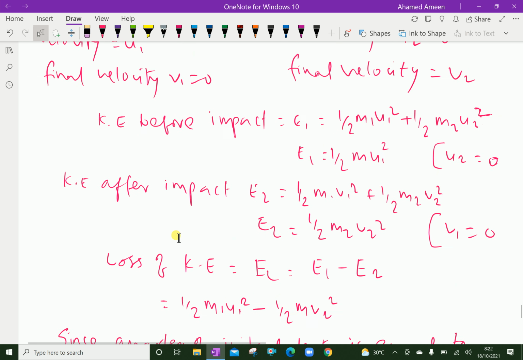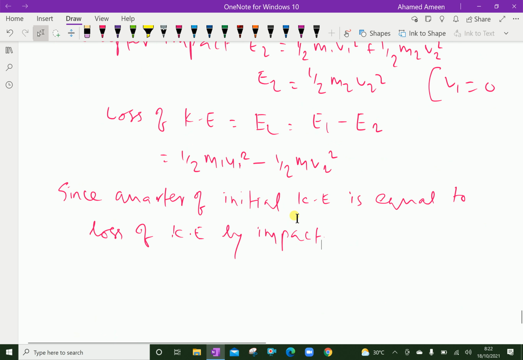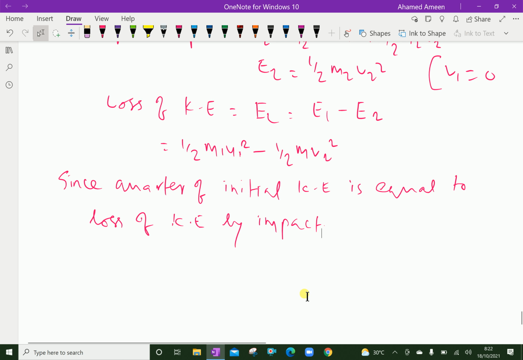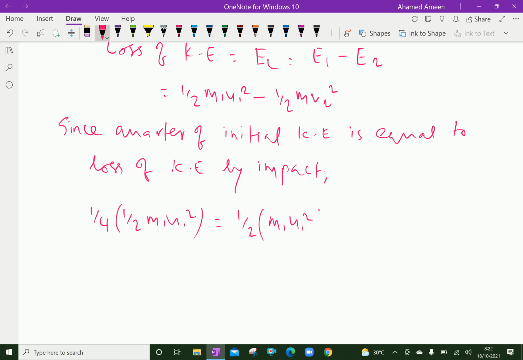That means if a quarter of the initial kinetic energy is lost by impact, therefore we can say 1/4 of half m1 u1 square equals half of m1 u1 squared minus half of m1 v2 square.